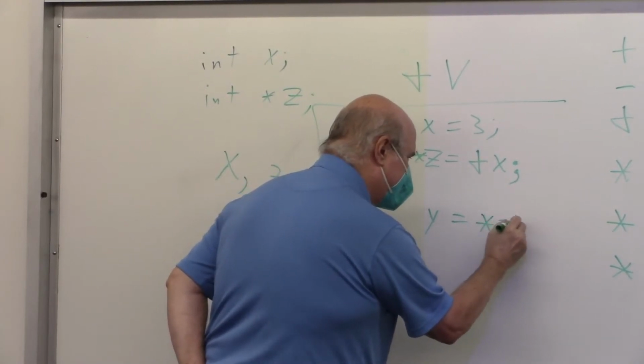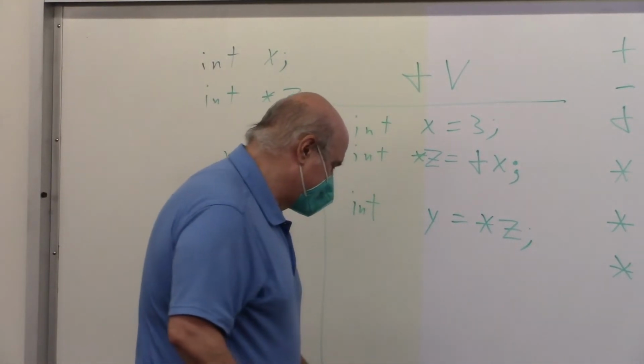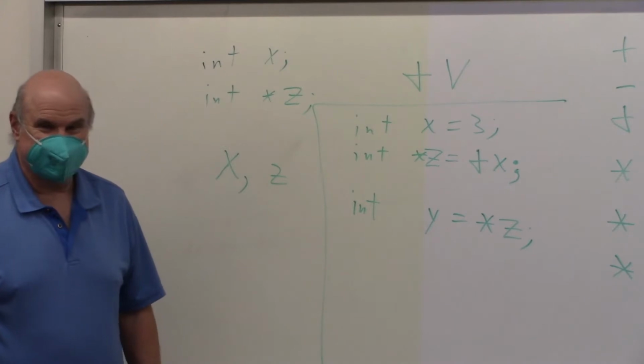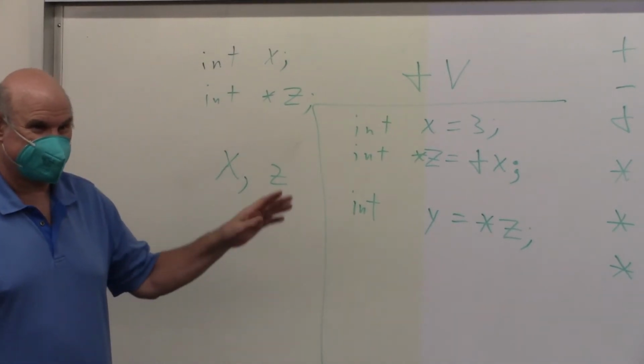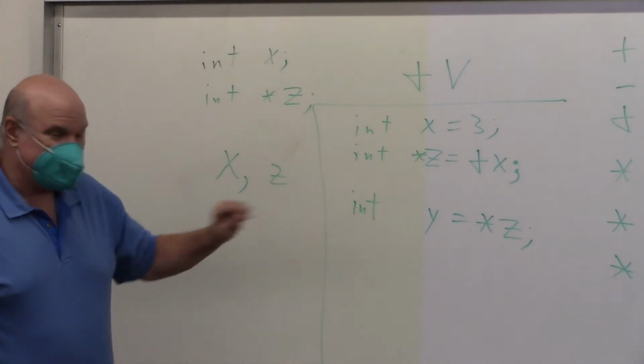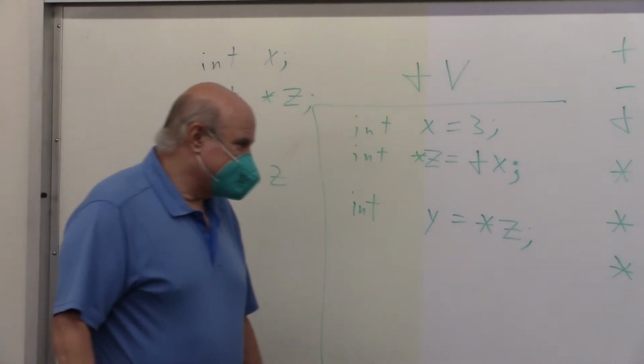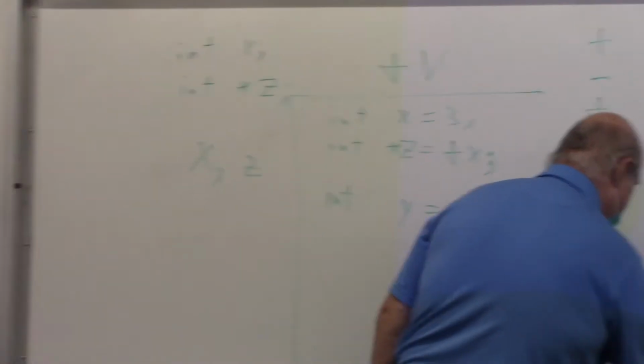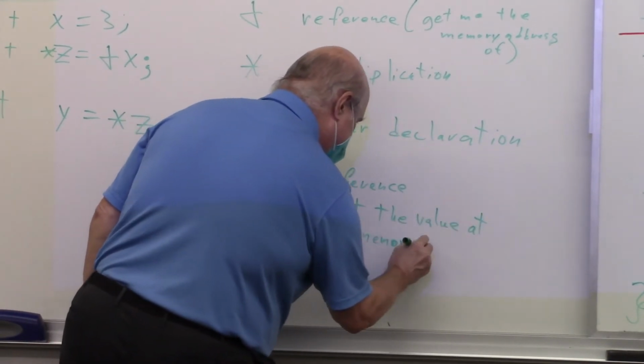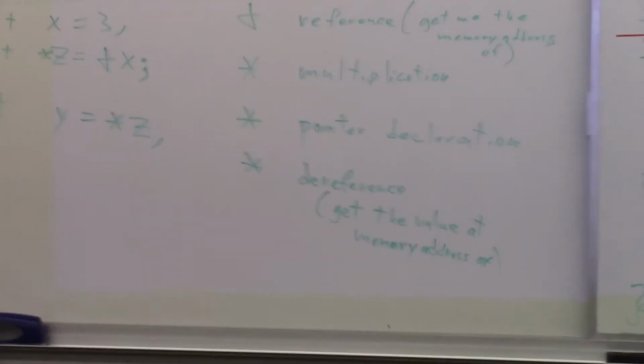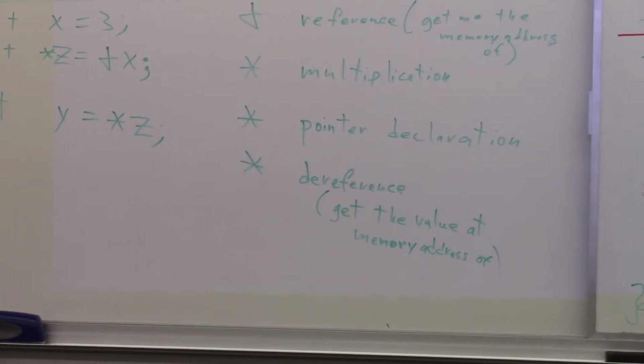Asterisk z. That's correct. This is the other point he was getting to, but I wanted to pause. Okay? So dereference can be thought of as get the value at memory address of. That's why it's the opposite of reference.